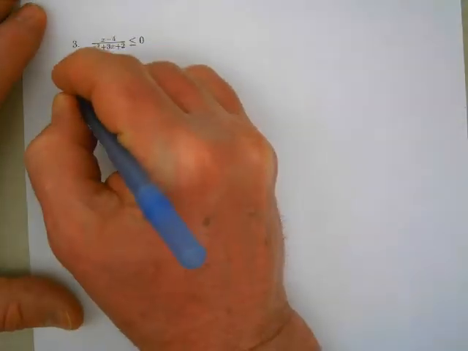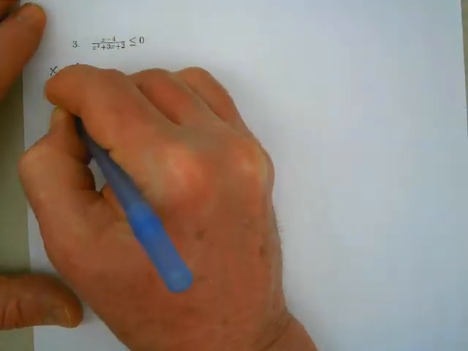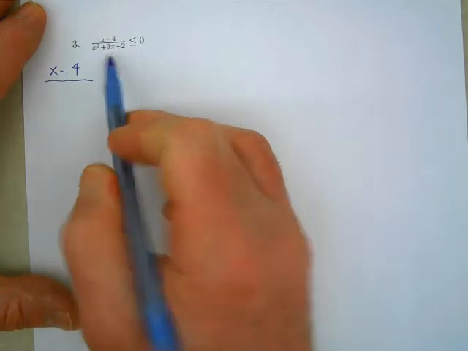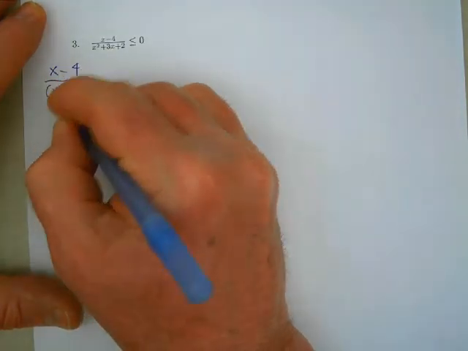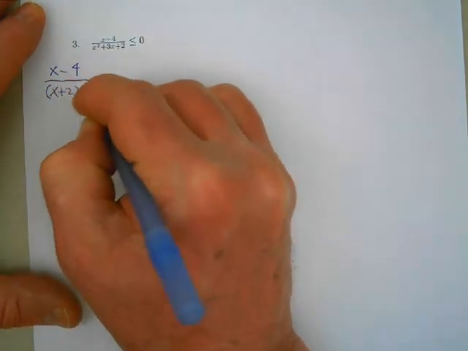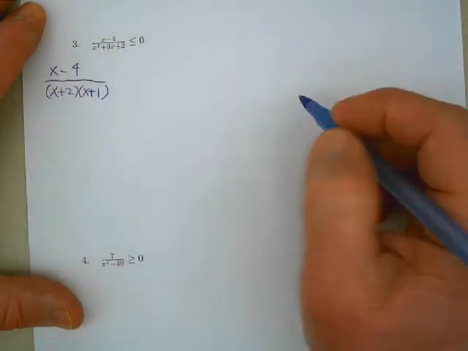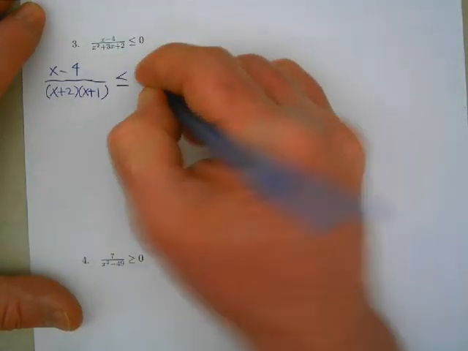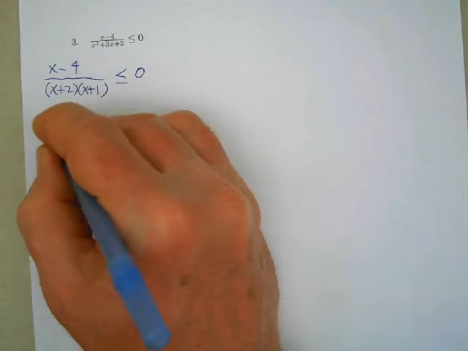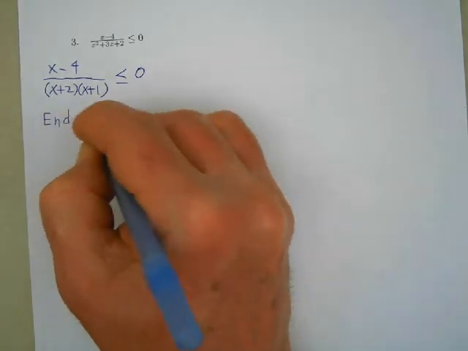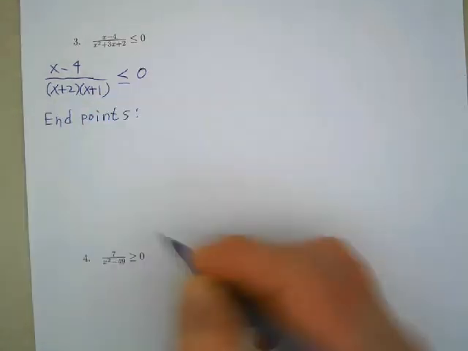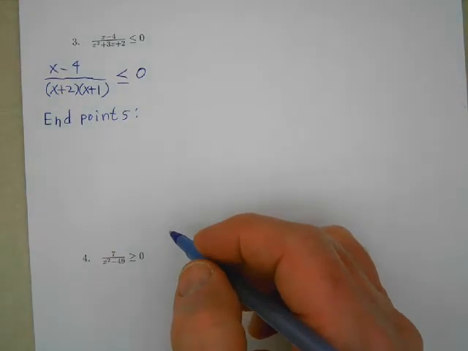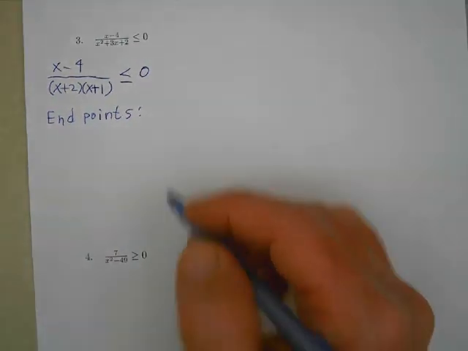So I'll rewrite this inequality with the denominator factored. It factors pretty nicely. x plus 2 and x plus 1 are the factors of the denominator, and the inequality is less than or equal to 0. So the endpoints are the x values that make the numerator 0 combined with the x values that make the denominator 0.